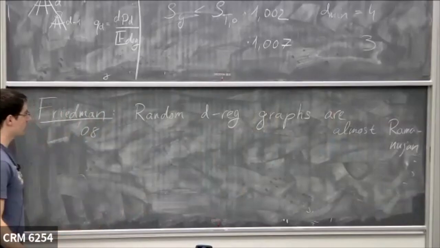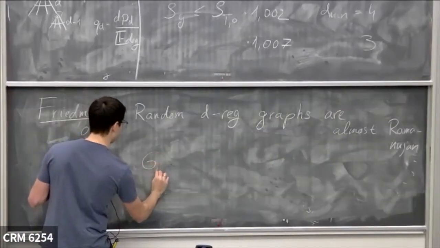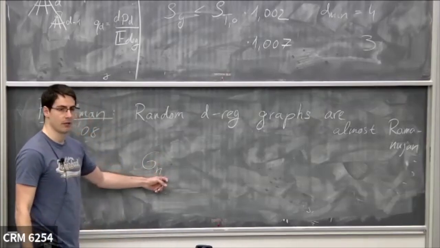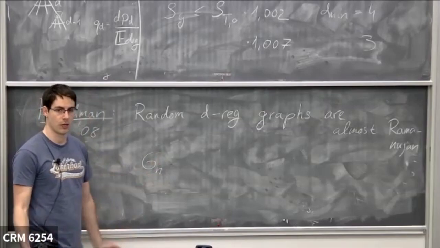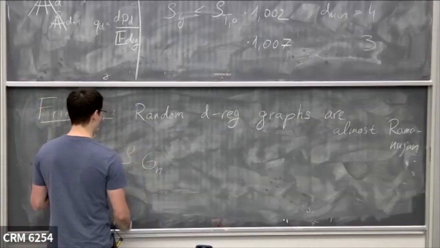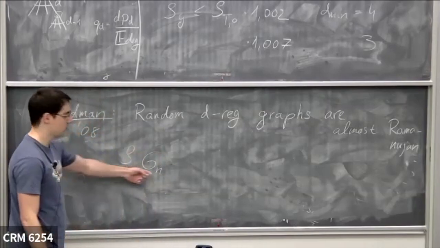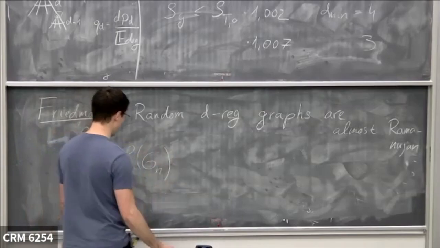So I will denote by Gn a finite graph on n vertices, d-regular, and among such things, it's chosen randomly. And then I look at its spectral radius, by which I mean the second largest eigenvalue in expectation.